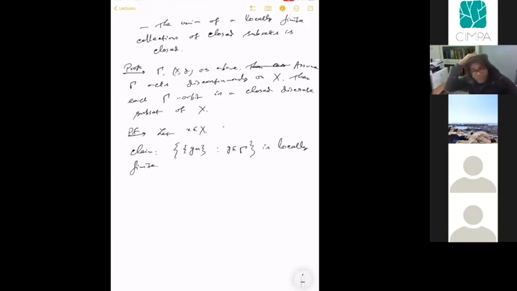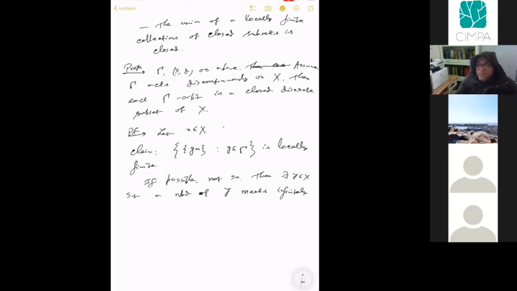Now suppose that is not so. Then there exists y in X such that a neighborhood of y meets infinitely many points of Γx. What does it mean?